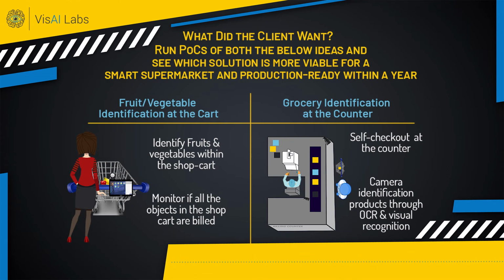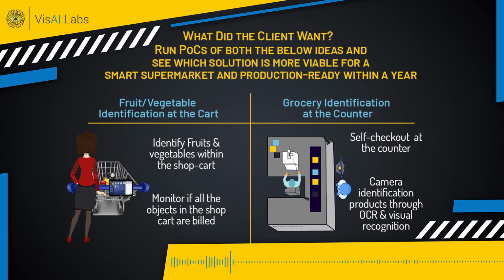So we will not say that we'll do all fruits and vegetables, but we'll pick them and we'll build a POC only for that. The next thing we decided was that they wanted to train a new fruit or a new grocery item at the store itself, which means that we needed to include a training module. Of course, that will not run on the edge itself.